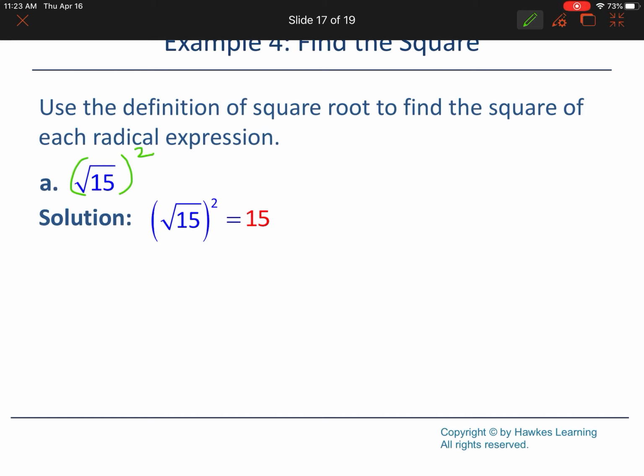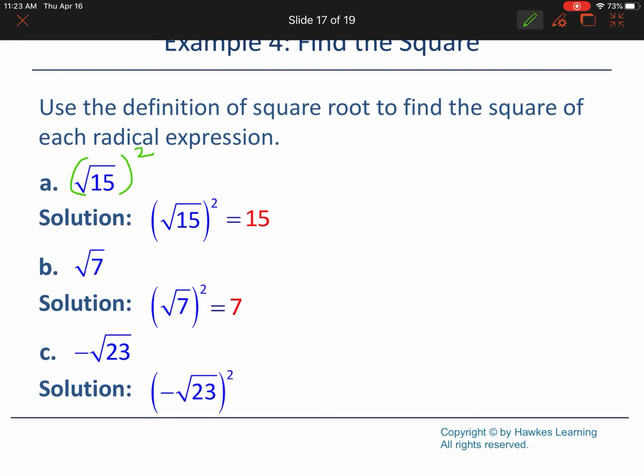What if I had the negative square root of 23? Now I'm going to square this negative number. So if I take a negative number and multiply it by itself, which is another negative number, I get a positive answer, right? So I get that 23.